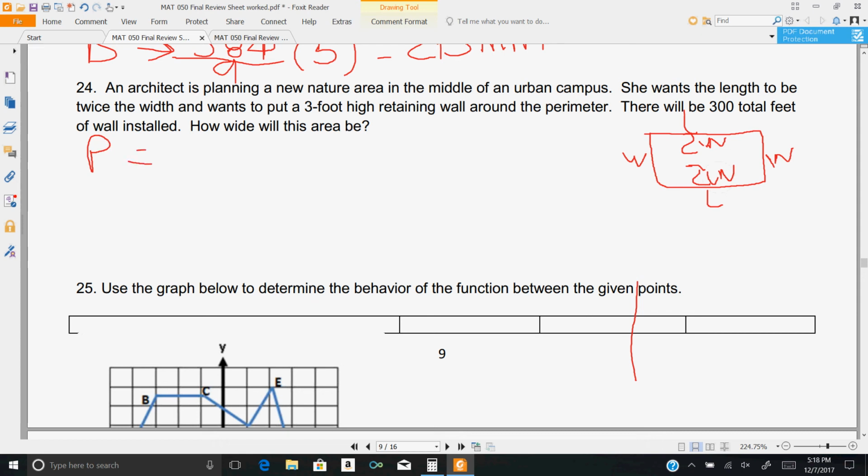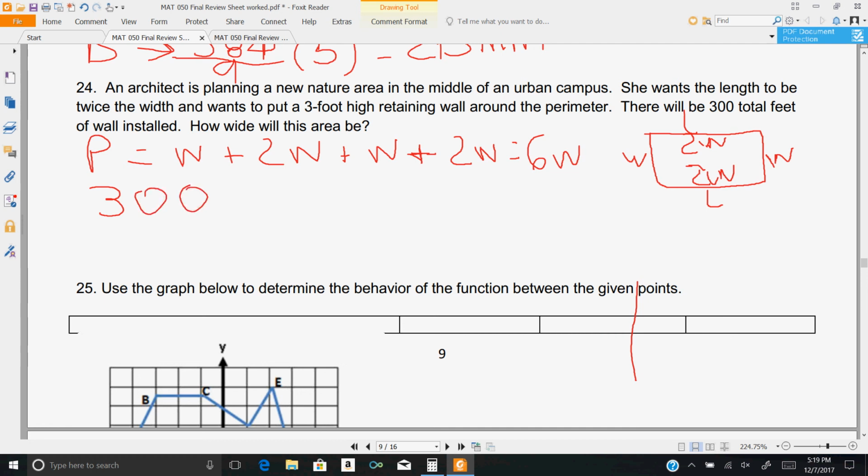So now when I do my perimeter, I'm going to do W plus 2W plus W plus 2W. I can see that's going to be 6W. It tells us we want that to be 300 total feet.